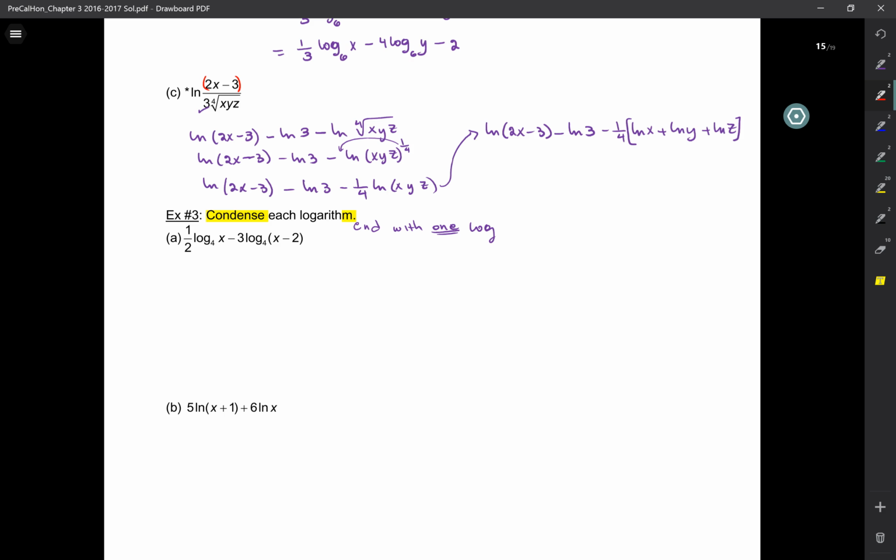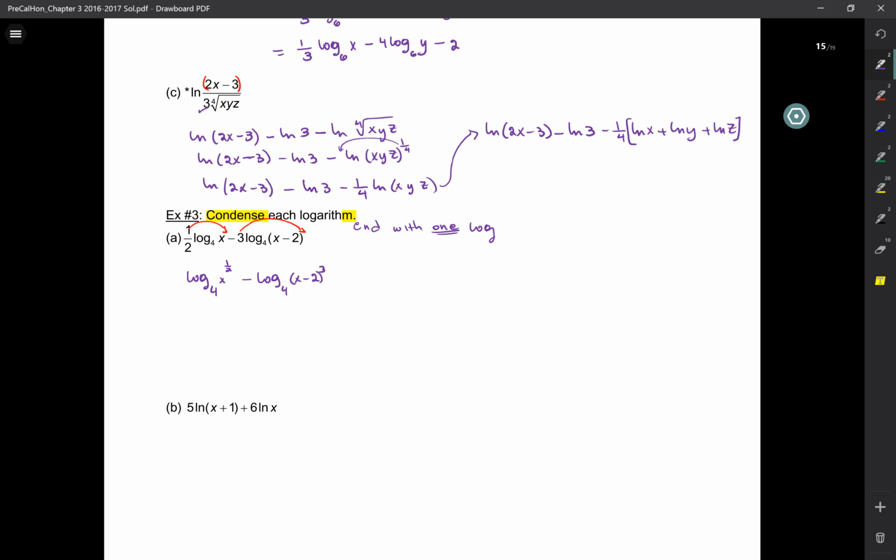Everything that came down and became a coefficient will now become an exponent. So that becomes an exponent. That becomes an exponent. And I have log base 4 of x to the half minus log base 4 of x minus 2 cubed. Okay?